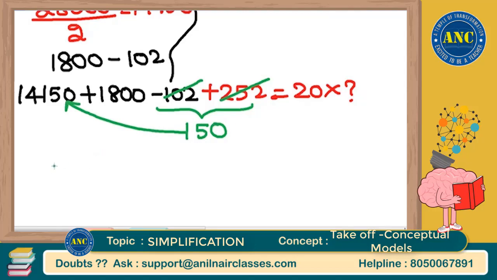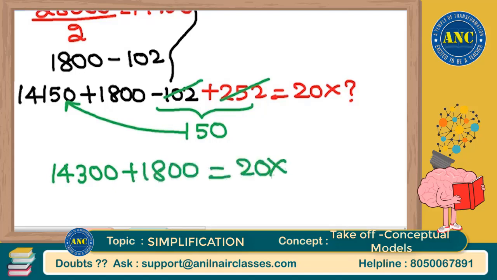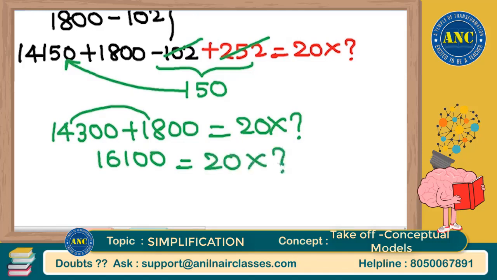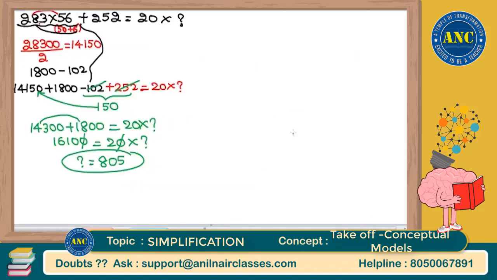So this becomes 14,300 plus 1800 is equal to 20 times question mark. 143 plus 18 is 161, so 16100 is equal to 20 times question mark. This will cancel. Question mark is 1610 by 2, which is 805. There are so many steps you can eliminate if you are good in practicing.